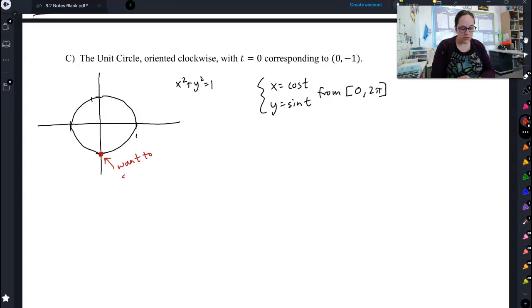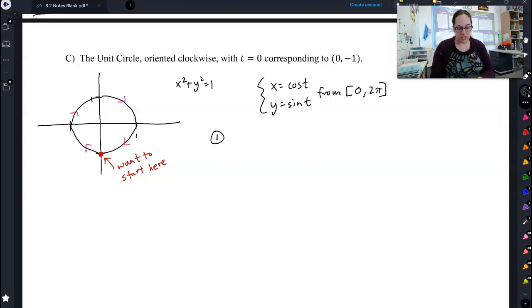Want to start here. And I want to go around this way, clockwise instead of counterclockwise. So we actually have 3 adjustments that we're going to make here.